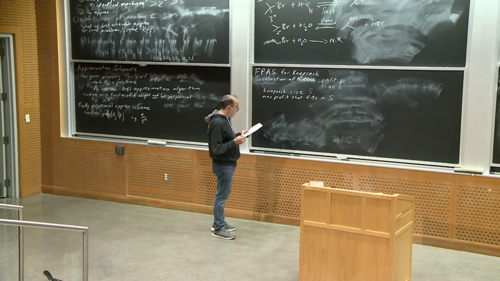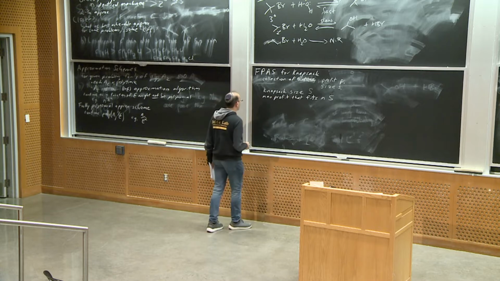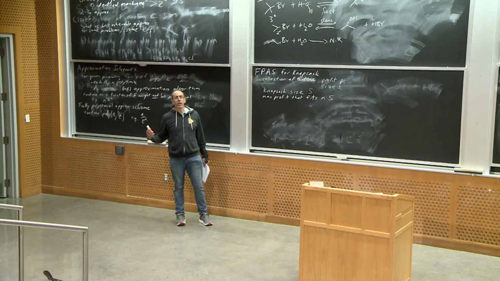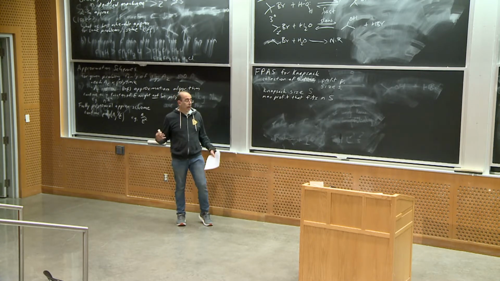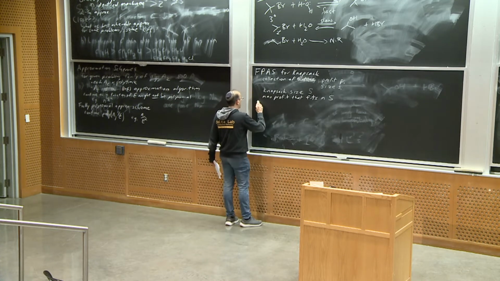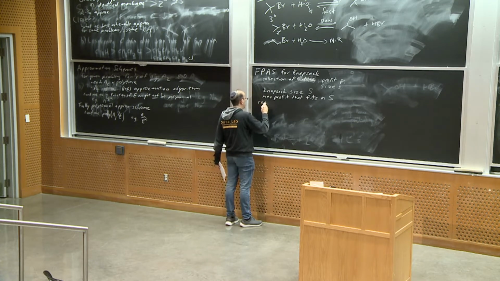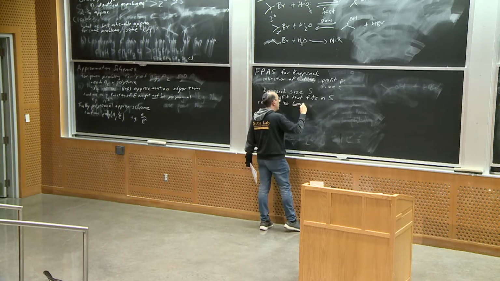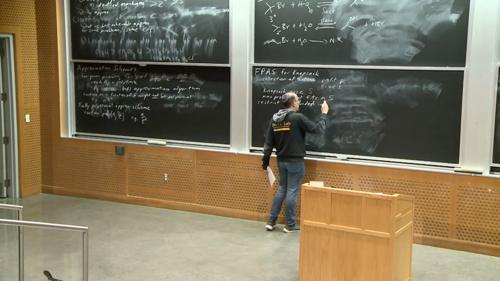Okay. I'm going to show you a polynomial time algorithm for this, which uses what is basically the canonical technique for developing fully polynomial approximation schemes. And what we're going to do is start by considering the case of bounded integer profits.